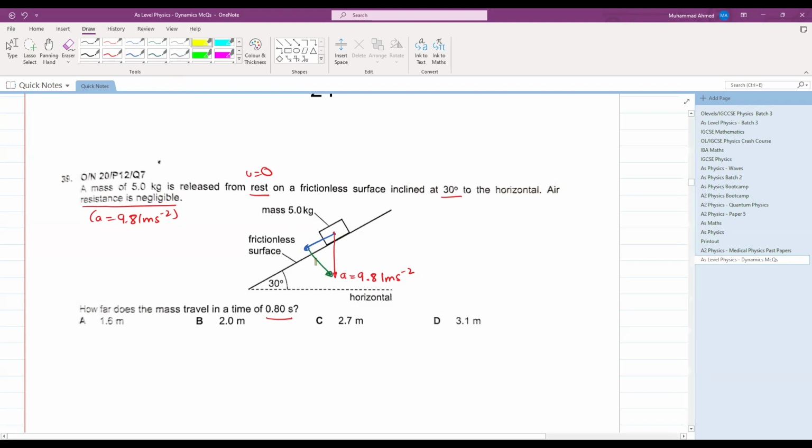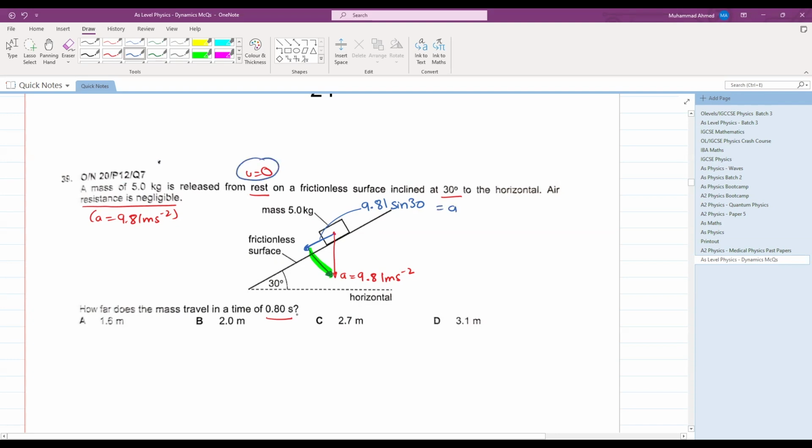You are not concerned about this green vector. You only need to know this acceleration, this blue one. How can you calculate this? Very easy. 9.81 sin 30. Just as weight used to get divided on an incline, acceleration due to gravity also gets divided on an incline. This is your acceleration.